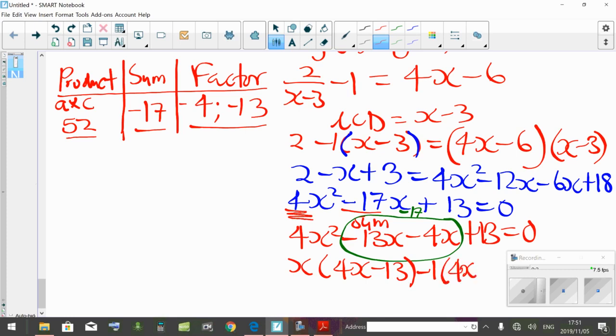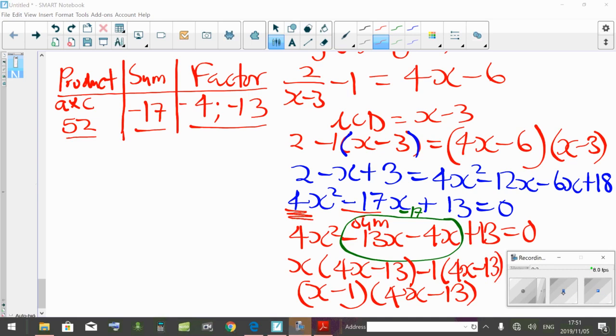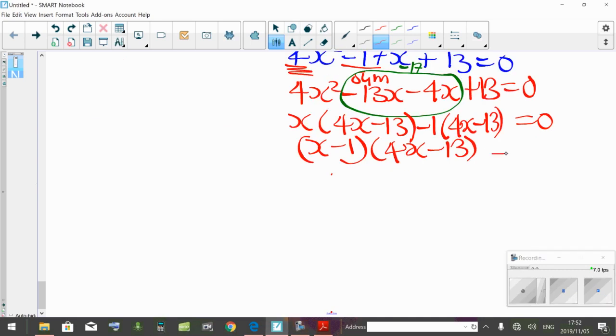I have 4x minus 13, and I end up with x minus 1 times 4x minus 13, which is equal to 0. Sorry, I forgot equals to 0 here. Now this gives me two values, x is equal to 1 and x is equal to 13 over 4.